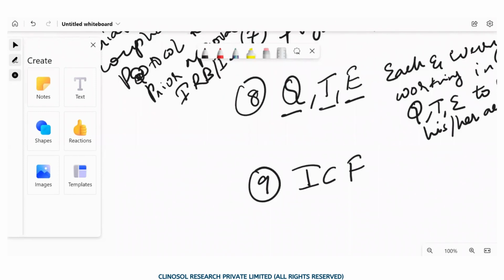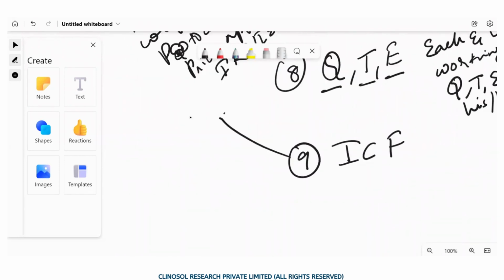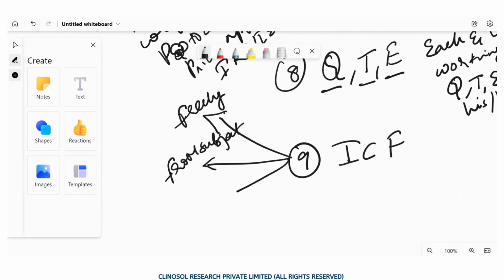So now the 9th one speaks about ICF. ICF should be taken freely, without any pressure, from each subject before participation in the clinical trial. Before the clinical trial participation, the ICF should be signed personally by the subject.